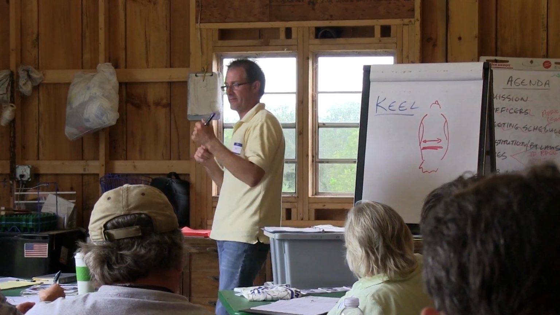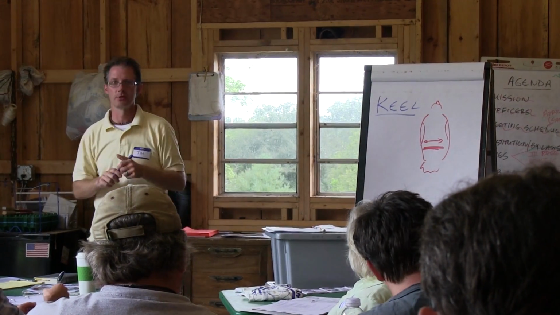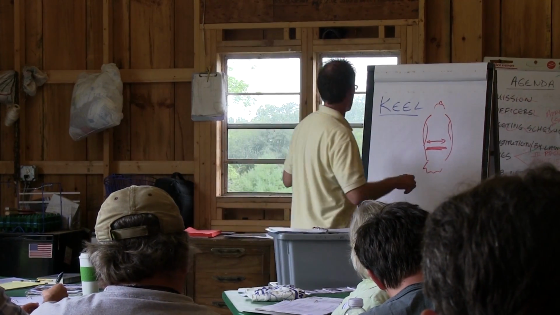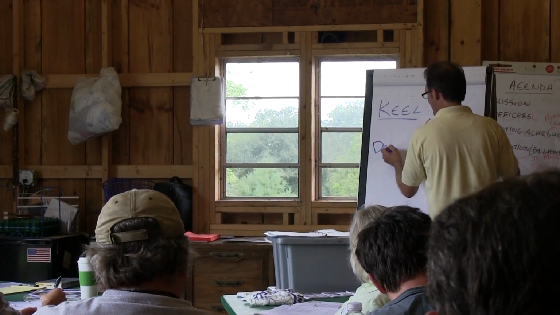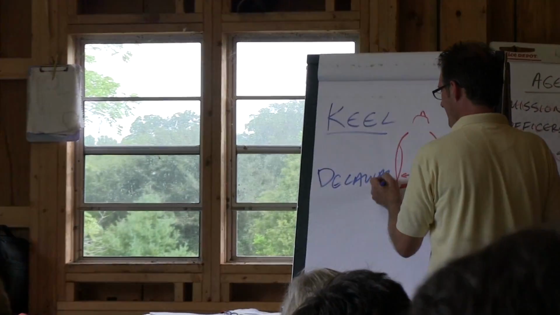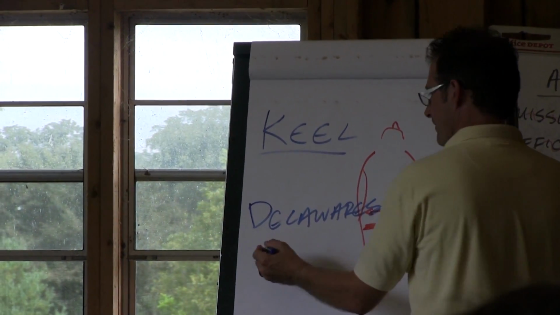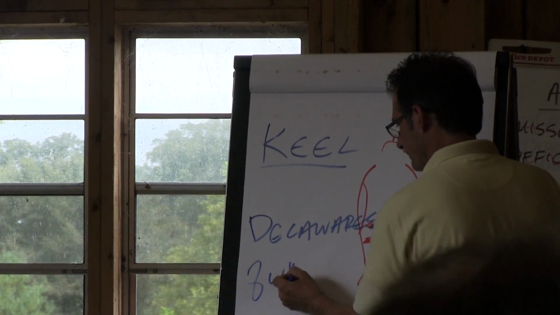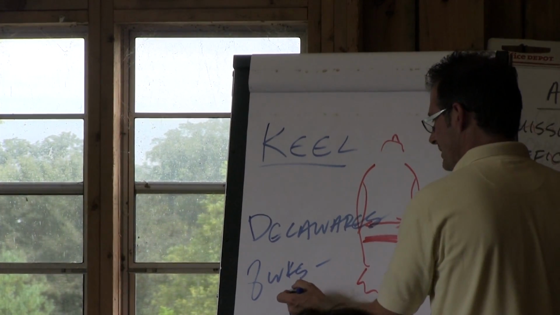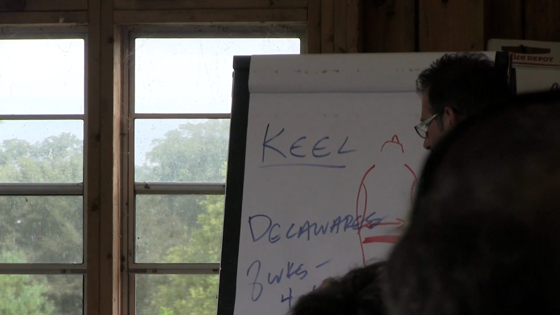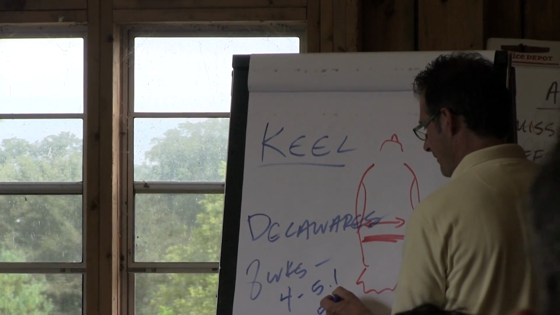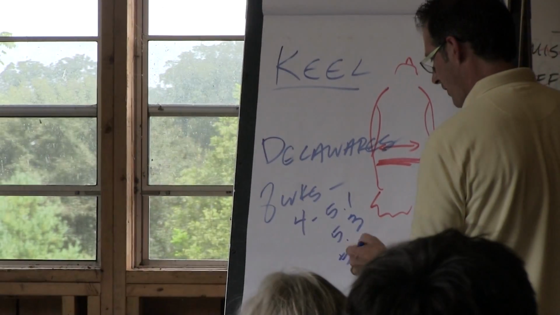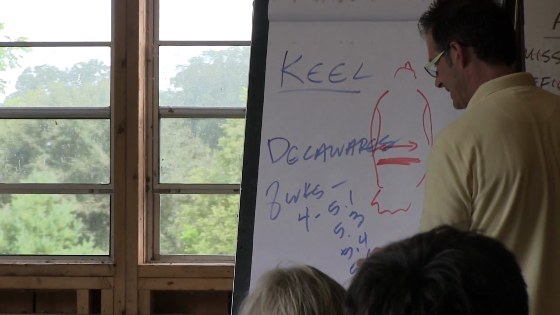I'm in the process of trying to train our farmers more to do that. For example, Sharon has Delawares. Let's just say at 8 weeks she has 4 males, and one is 5'1", one is 5'3", one is 5'4", and one is 5'6".